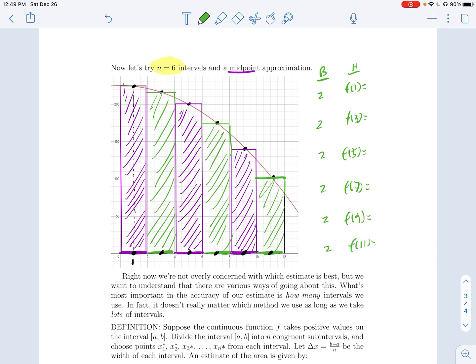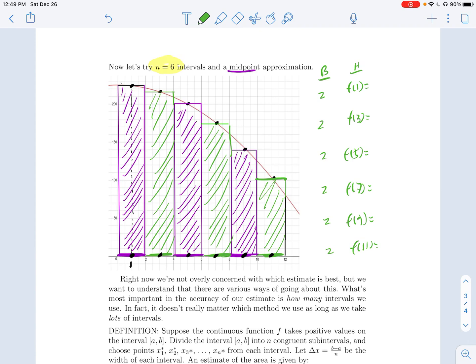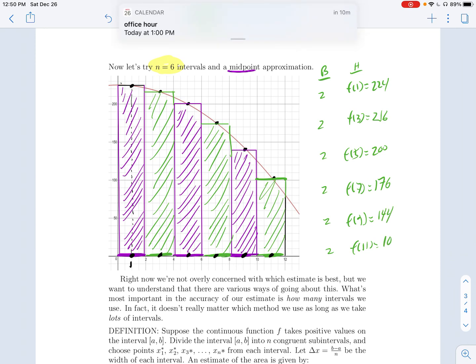Those are my midpoints, and I'm measuring the height of the curve at each one. So this is 224, 216, 200. This would be 176. This is 144, and this would be 104.